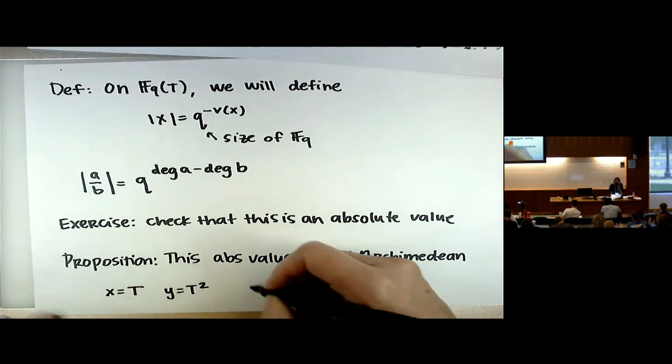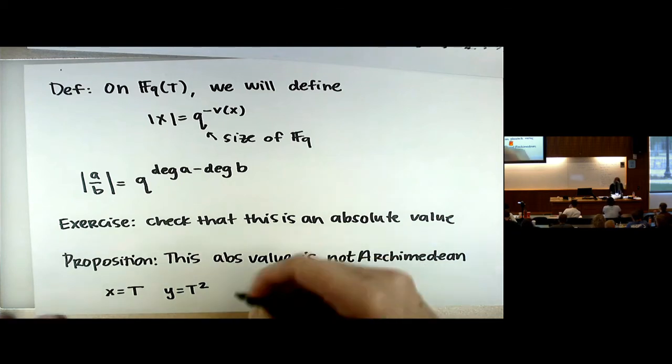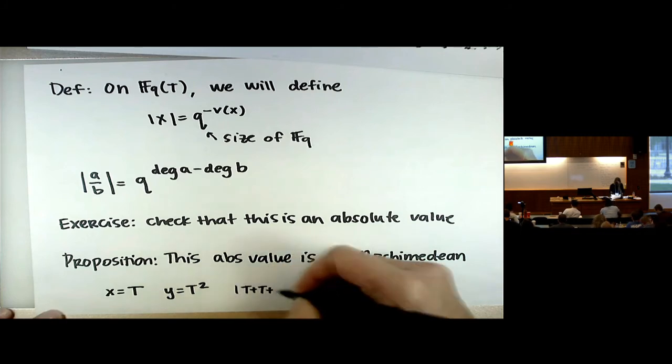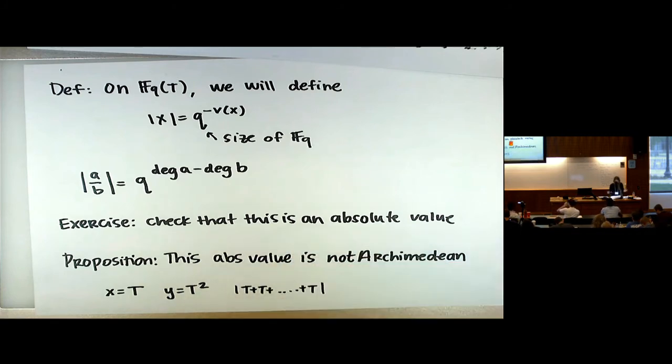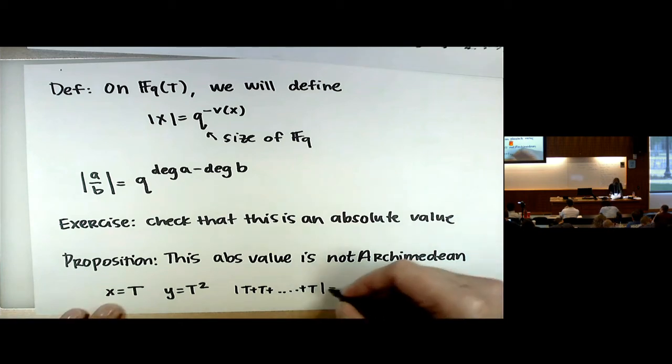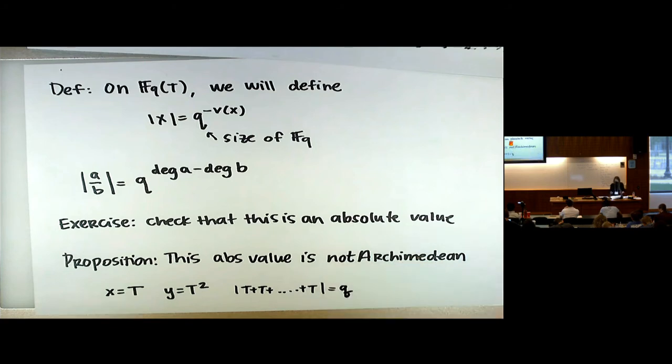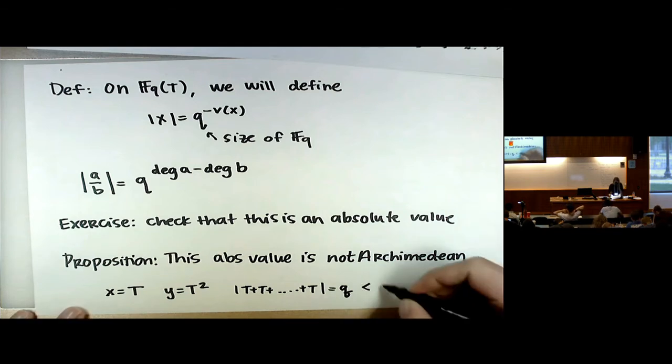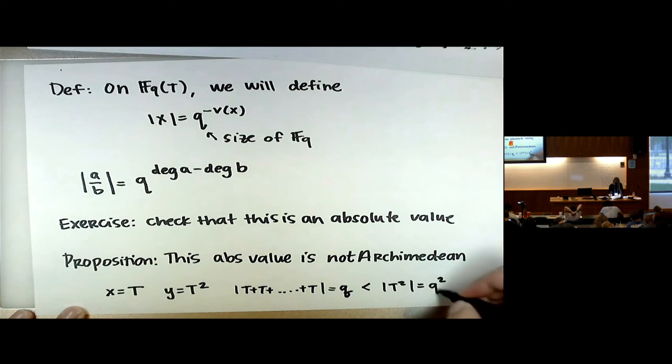And then no matter how many times, any n times, I add t to itself, that'll still be a degree 1 polynomial. Polynomials cannot escape their degree by addition. They're stuck. So that will always have absolute value q to the degree, so q, and that will always be less than the absolute value of t squared, which is q squared. So polynomials by addition don't get any bigger.